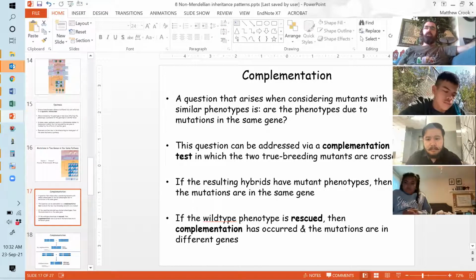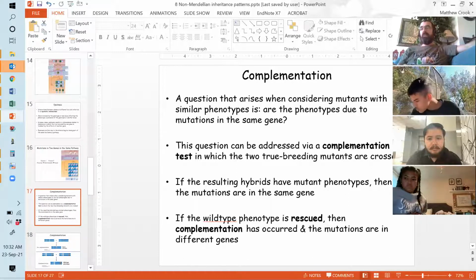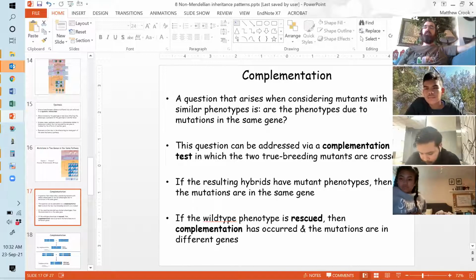Essentially what we're talking about here is how do we figure out if mutations that we've discovered, or if we get a bunch of individuals with the same phenotype, say we're doing a mutant screen in worms or mice or plants or whatever, how do we figure out if all those phenotypes are the result of mutations in the same gene?